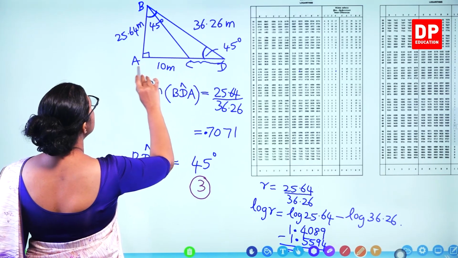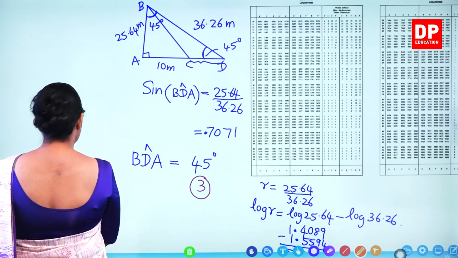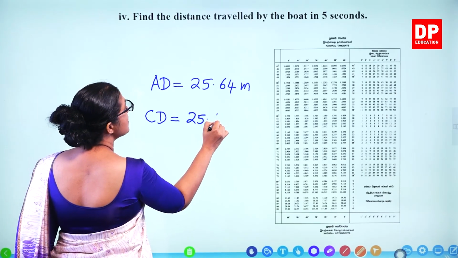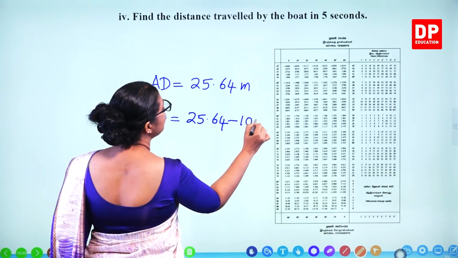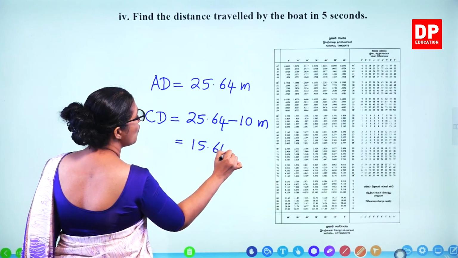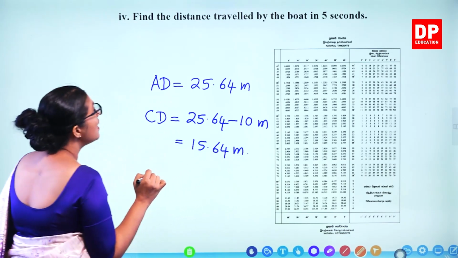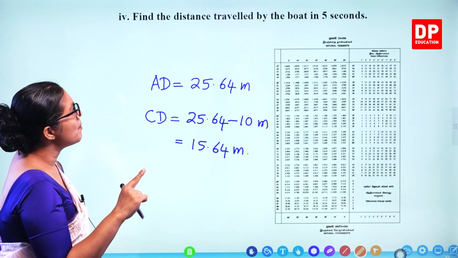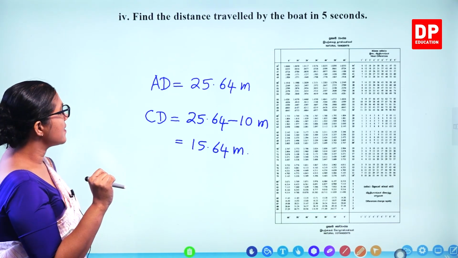CD length is, you have to subtract 10. 25.64 minus 10 is 15.64 meters, and that's the distance traveled by the boat in 5 seconds.